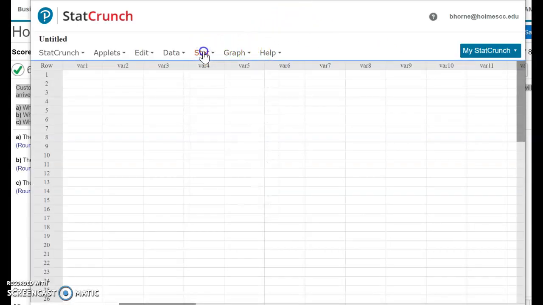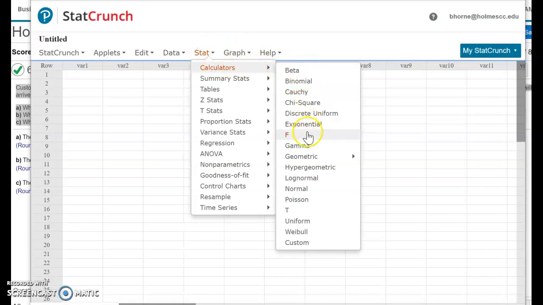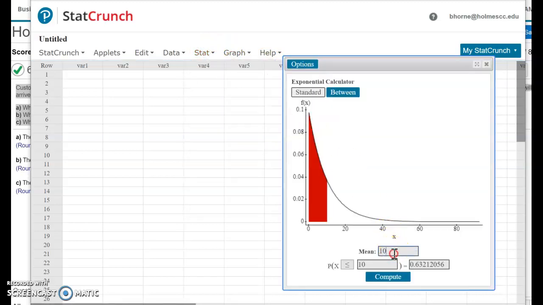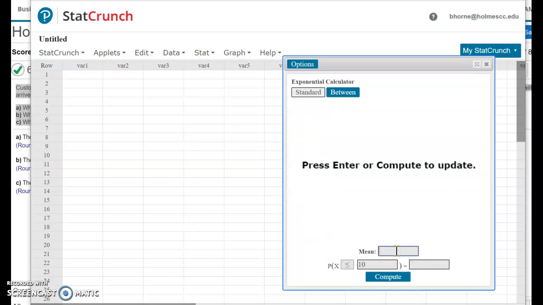And we're going to go to Stat, Calculators, and we're going to go to Exponential. And you're going to type in the mean, which I highlighted. And so when you're working this problem, the mean, you won't change that, 3.5298. What you will change is the probability part for each step.